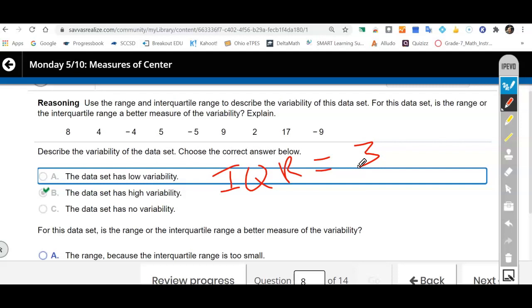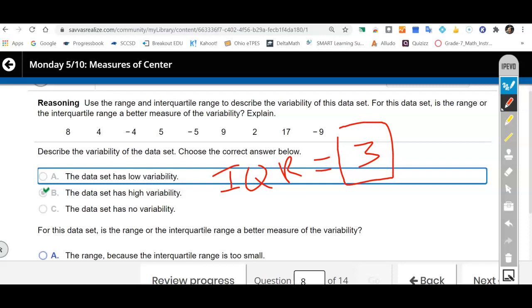If something varies, what does that mean? It changes a lot, right? A lot of options. Well, if I have an IQR of 3, does that mean it changes a lot? Is there a lot of options?